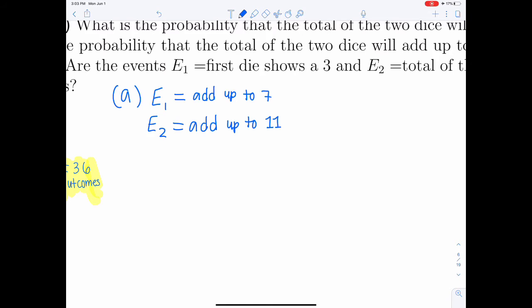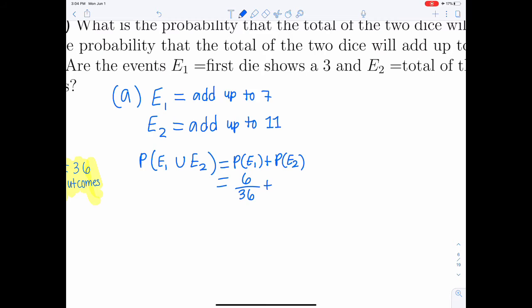So that would be the mutually exclusive rule, which is the probability of E1 or E2, so probability of having a 7 or 11. And that's just the probability of E1 happening plus the probability of E2 happening. So the probability of E1, like I said, there are 6 different ways to draw from the 36 outcomes.